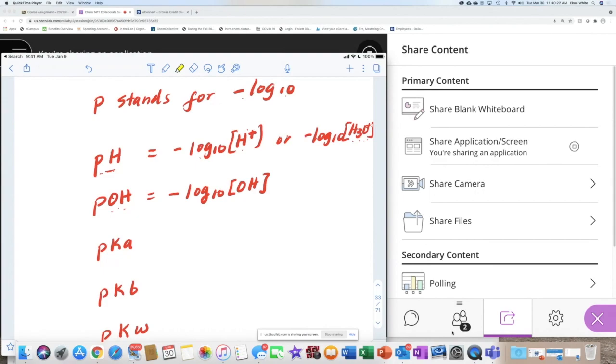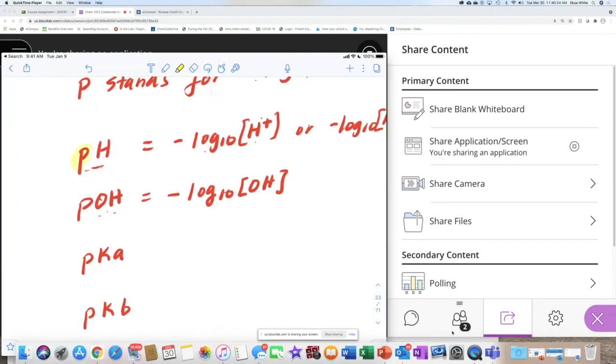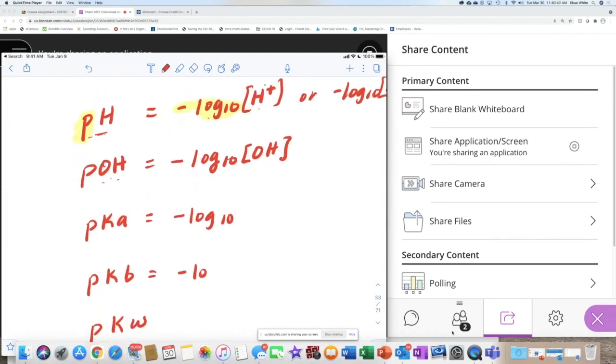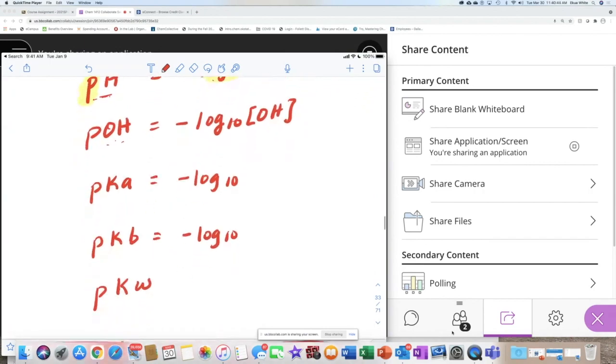So if you need an additional visual, this P stands for negative log base 10 of the concentration of the symbol written in front or to the right of P. Okay, so same thing with here. For P, I'll write negative log base 10. And I'll go through all the array, negative log base 10, because P stands for that.